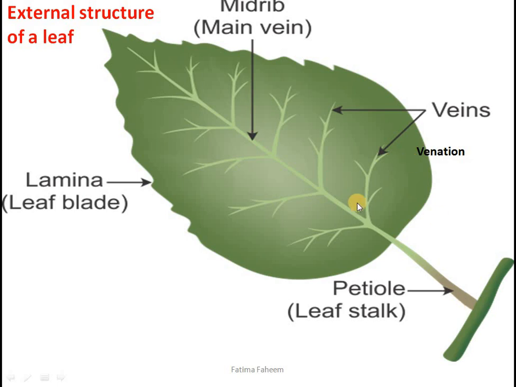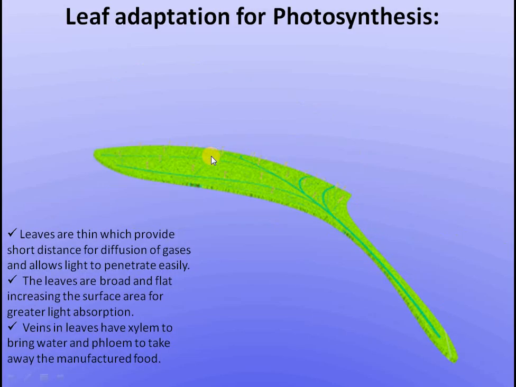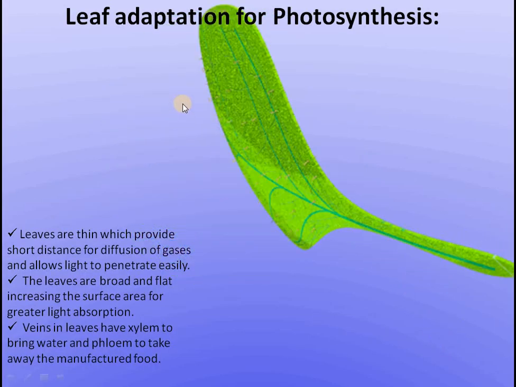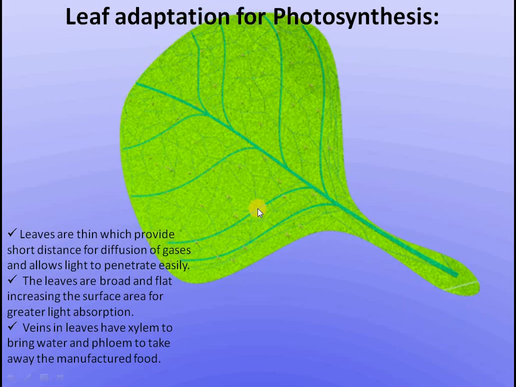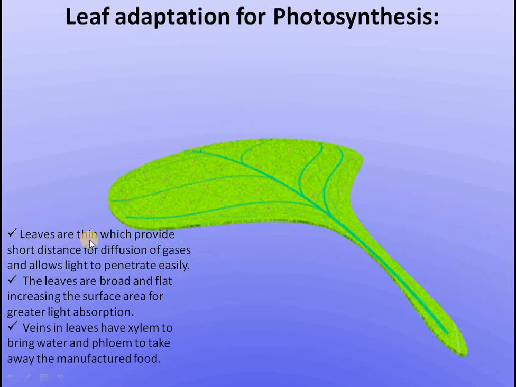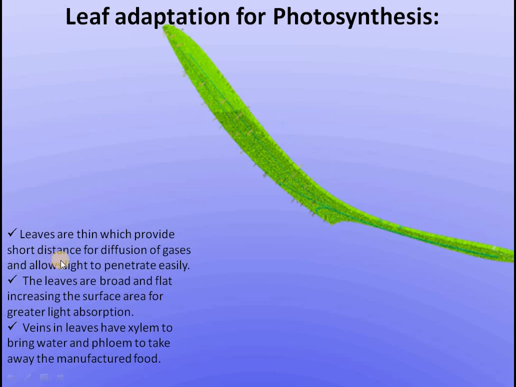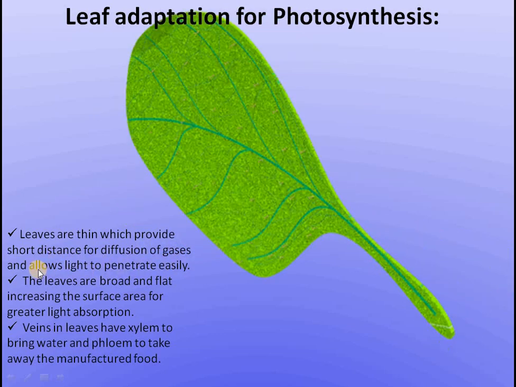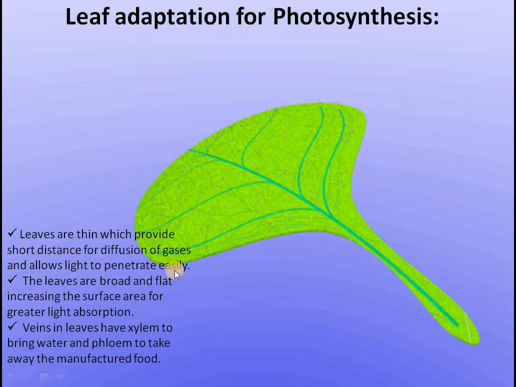Now what is the benefit of having this structure? If you can see that the leaves are thin in structure, they are broad in their surface area. When leaves are thin, they provide short distance for diffusion of gases and allow light to penetrate easily.